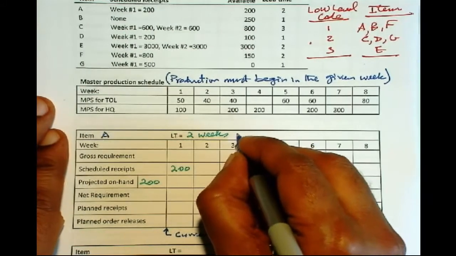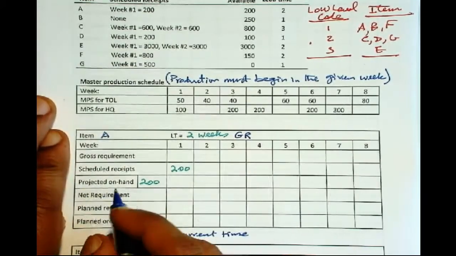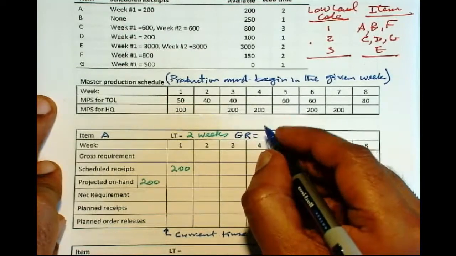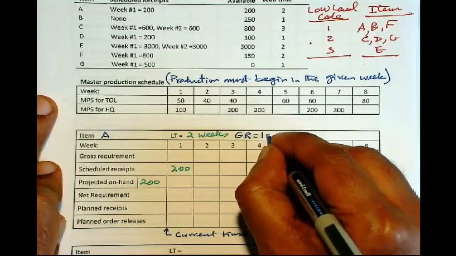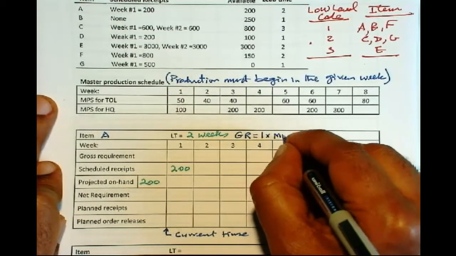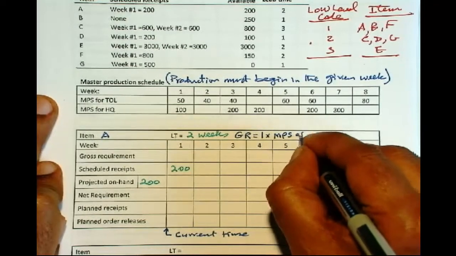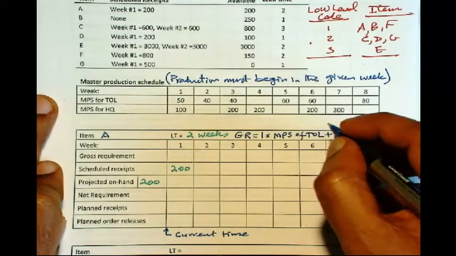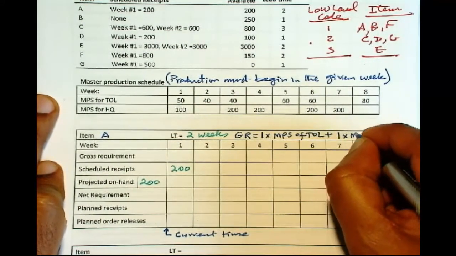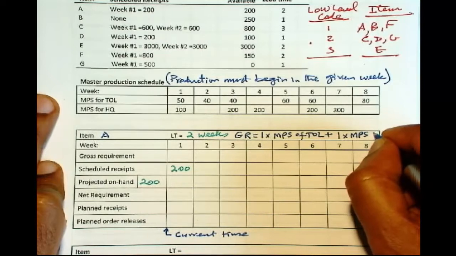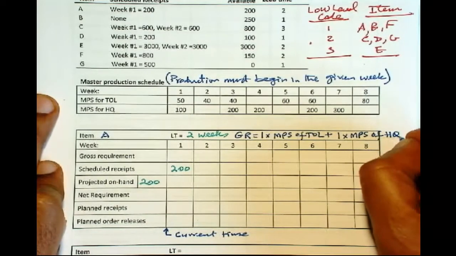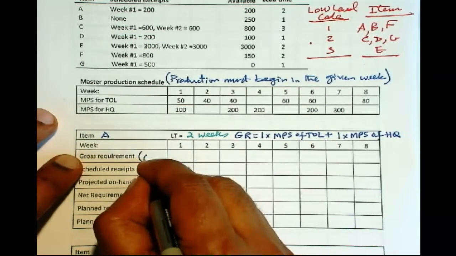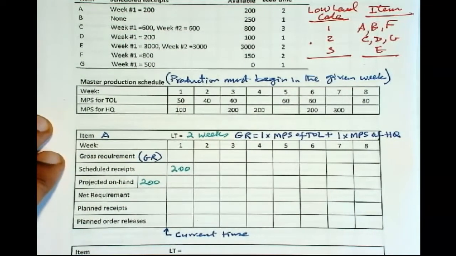So GR, I'm going to use GR to mean gross requirement, is 1 times the master production schedule of TOL plus 1 times the master production schedule of HQ. Okay, so GR stands for gross requirement.